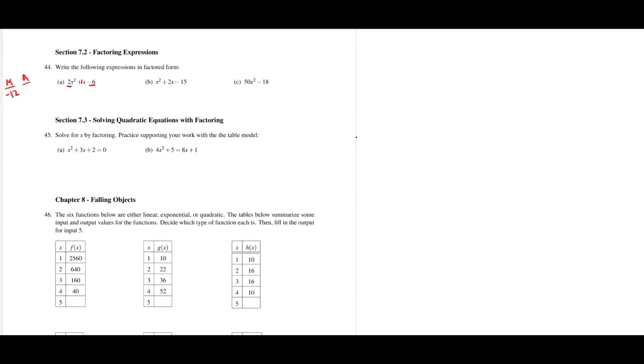Because remember, there's an invisible 1 there. So I know that 4 times 3 is 12. And if I want to add to be a positive 1, then 4 would need to be positive and 3 would need to be negative.